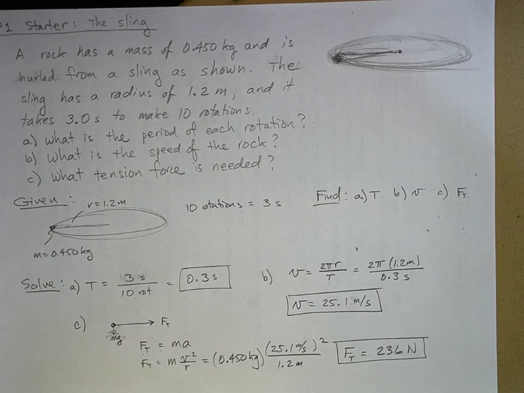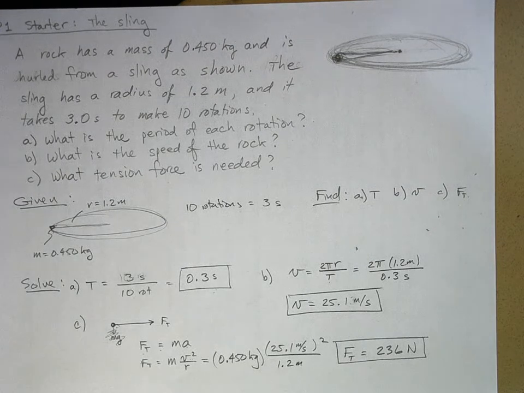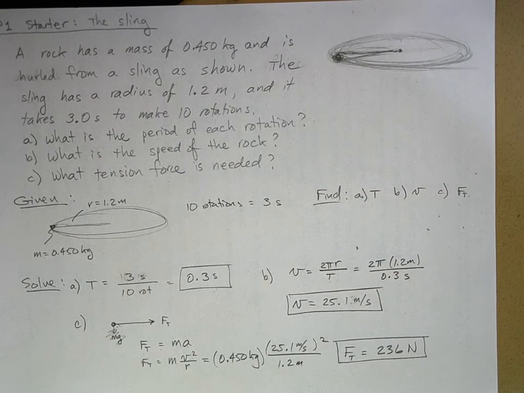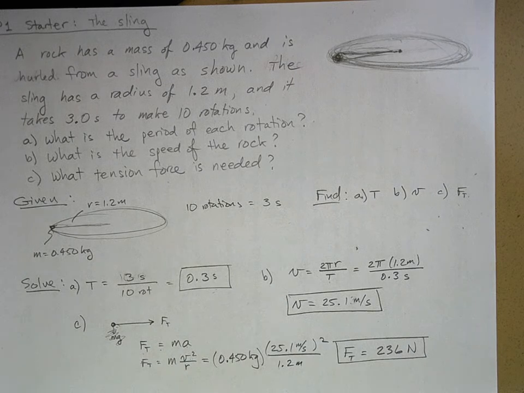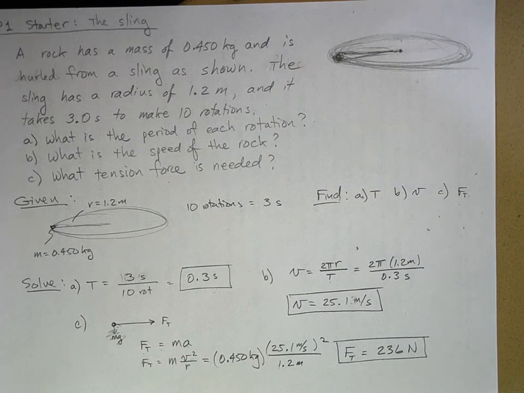Now you're used to thinking of force in terms of pounds. Well, 1 newton is 4.45 pounds, so I'm going to divide this by 4.45. That's 53 pounds of force that that guy has to hold on that sling. That's a lot of force.